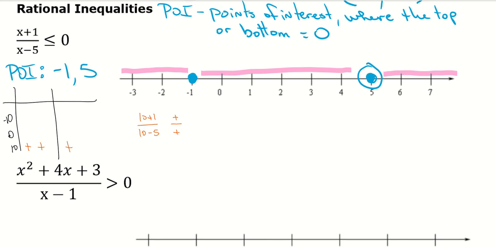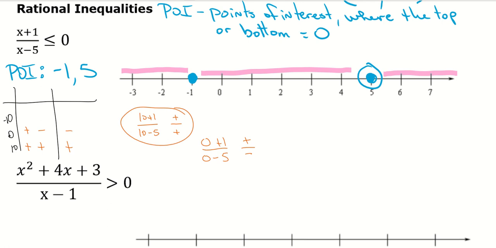If I plug in 0, 0 plus 1 over 0 minus 5, that's going to give me a positive over a negative, which will give me negative.